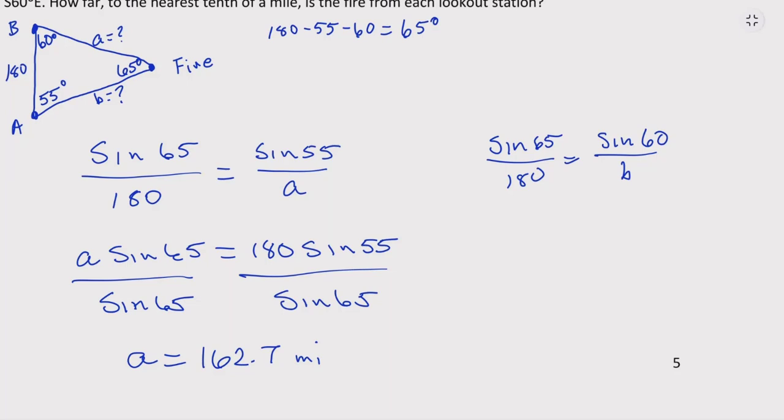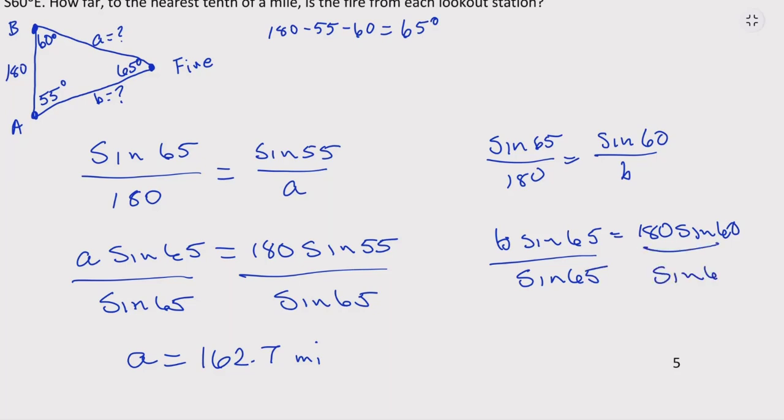So this would be B times the sine of 65 equals 180 sine of 60 divided by the sine of 65. So B is equal to 172.0.